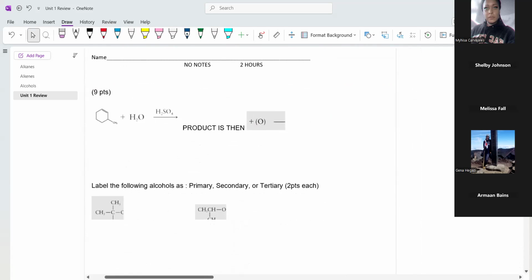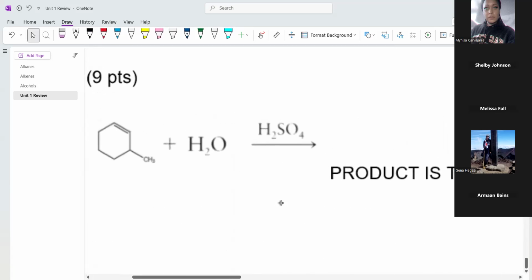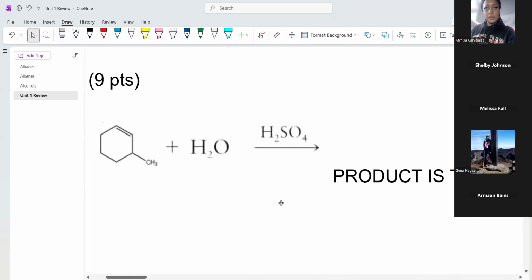Okay. So we've got the same reaction down here again. We have acidic environment with water being thrown across a double bond. So that means we're going to get a mix.